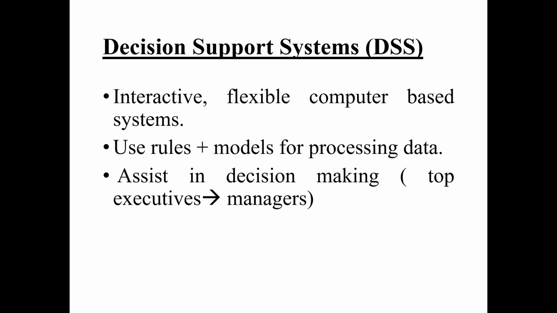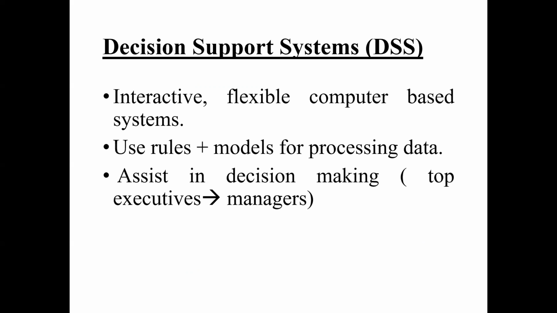Now, what is Decision Support System? It is an interactive, flexible, computer-based system. As the name itself is showing, it is for decision making. So it uses a set of rules and methods or models for processing the data, and it will help in decision making.